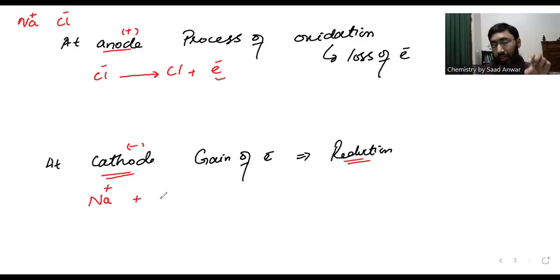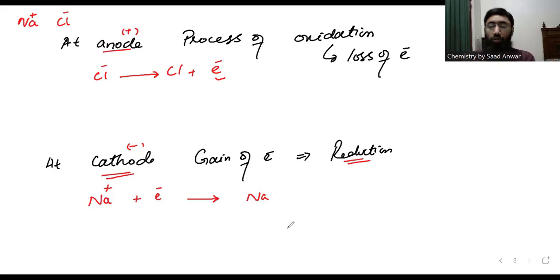Electrons will be added to the sodium ions, and the sodium ions will convert into sodium metal. So this is the process that takes place at the anode and at the cathode. These are the basic terms I have shown you during this video.